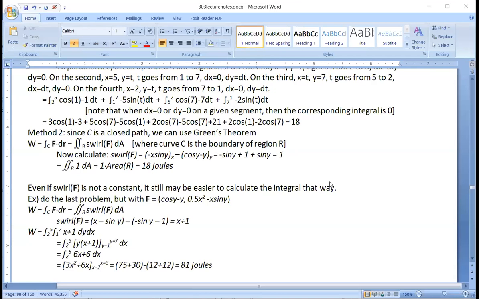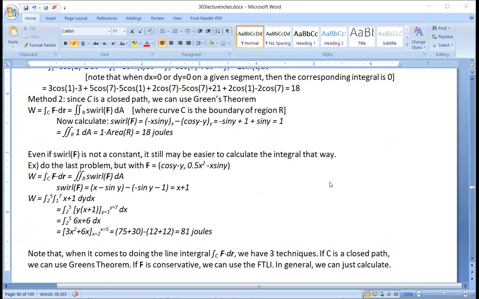So at this point, let me make a general observation. If you have the vector line integral, the integral over the curve C of vector field f dot dr, you now have 3 different ways that you could approach doing that integral. What we just learned is that if C is a closed path, we can use Green's theorem.